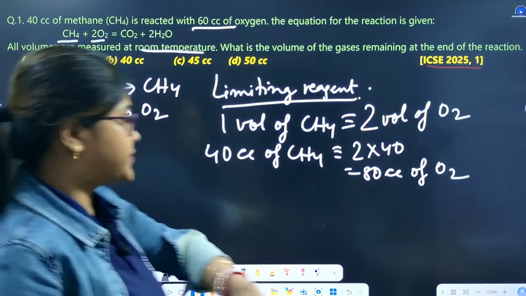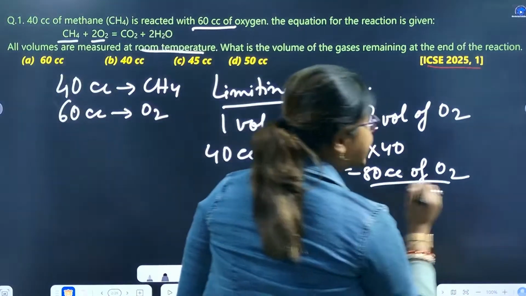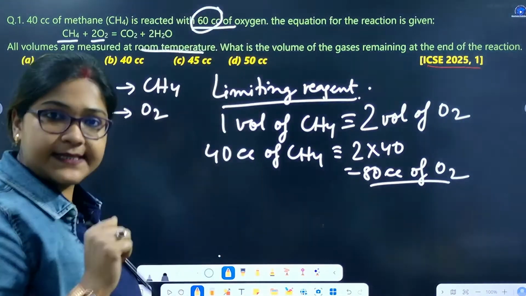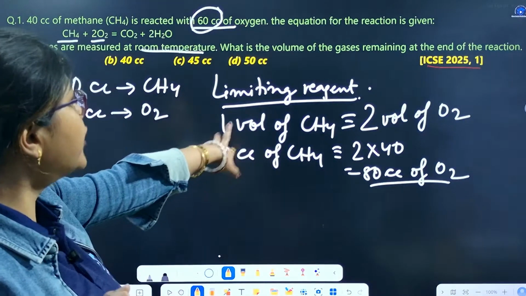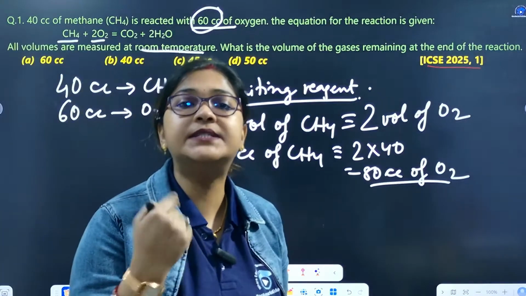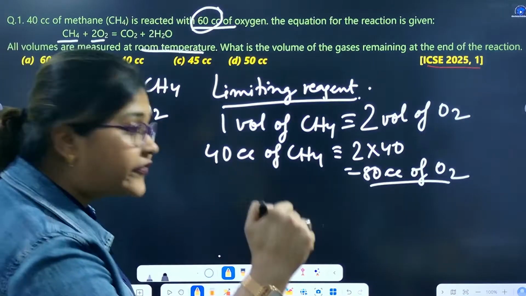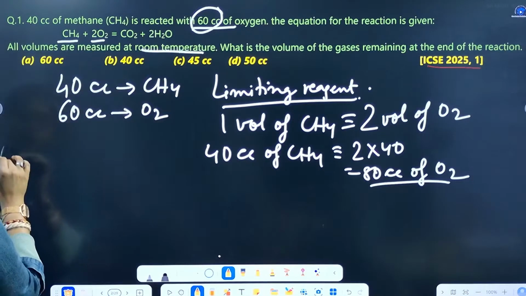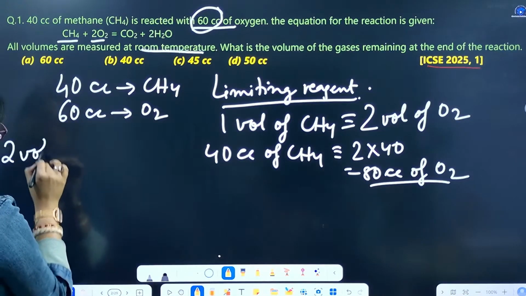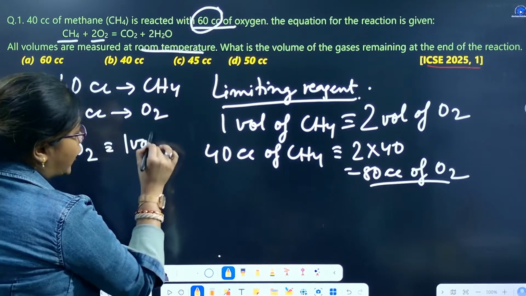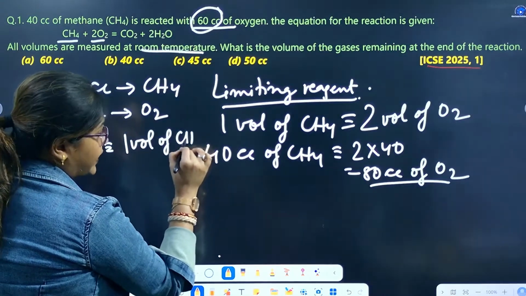So let us concentrate here. So you are getting 80 cc of oxygen, but you are given with what? 60 cc of oxygen. So therefore oxygen will be the limiting reagent here. So you have to do the calculation a bit different. You have to do what? See, 2 volumes of oxygen is therefore burning 1 volume of methane, right?